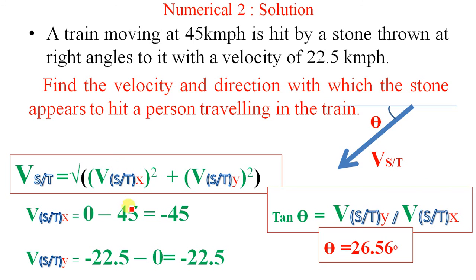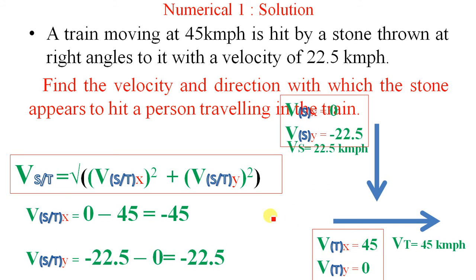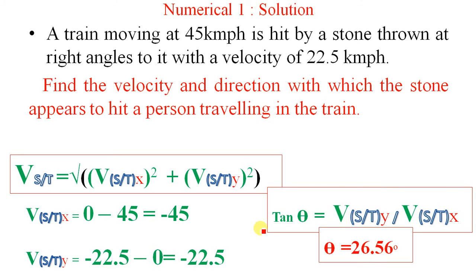Now substitute those values in this equation, and you will get the magnitude and the direction. Here I forgot to do the calculations. So the velocity of the stone with respect to the train you have to find out by the under root of minus 45 whole square plus minus 22.5 whole square.